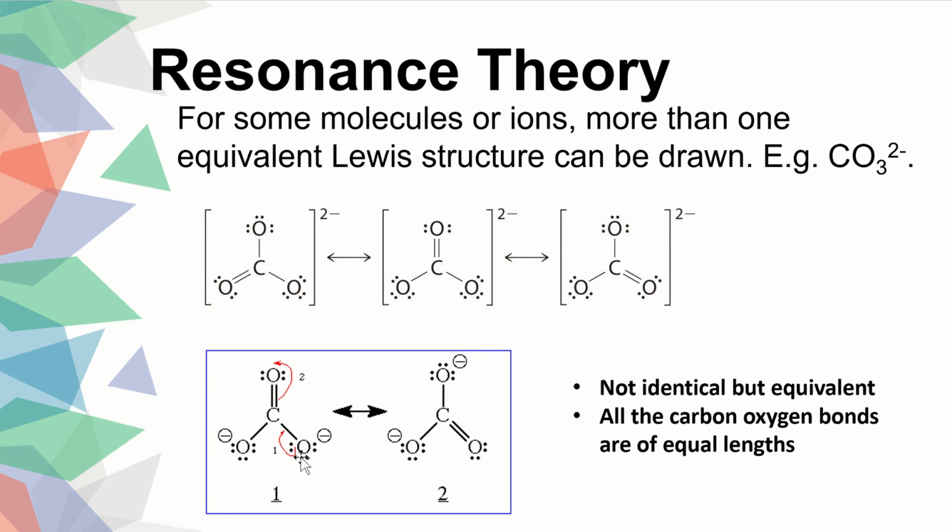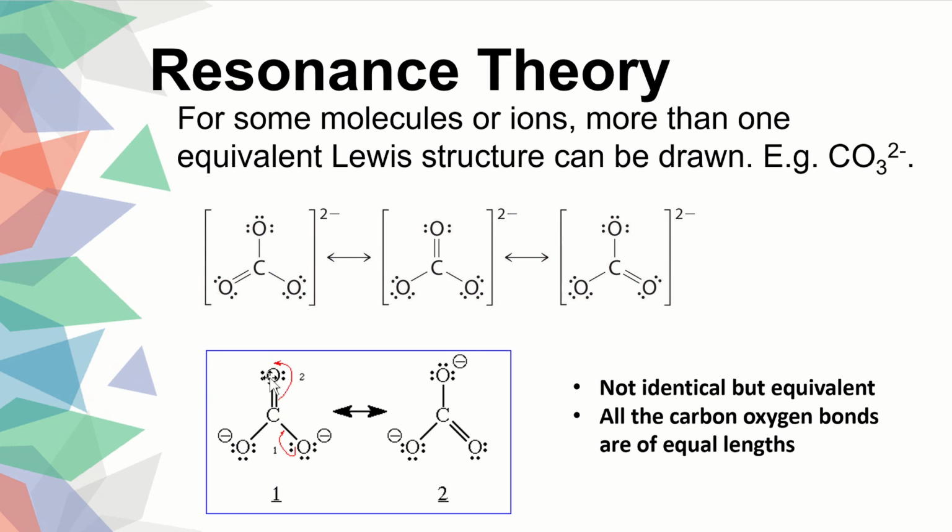Alright, so if we follow this arrow, we can show how each structure is linked to the others via resonance. If we follow the red arrows, the pair of electrons would move from the oxygen to the bond, which will now form a double bond, and then one of these bonds would break, as represented by the arrow starting on the line.